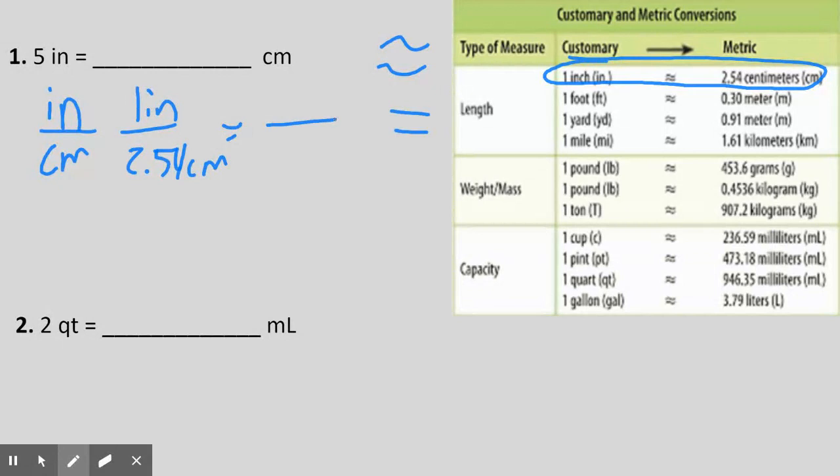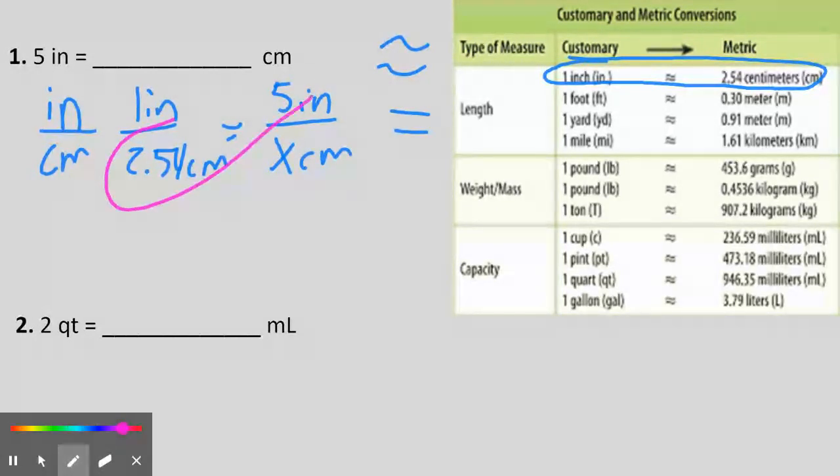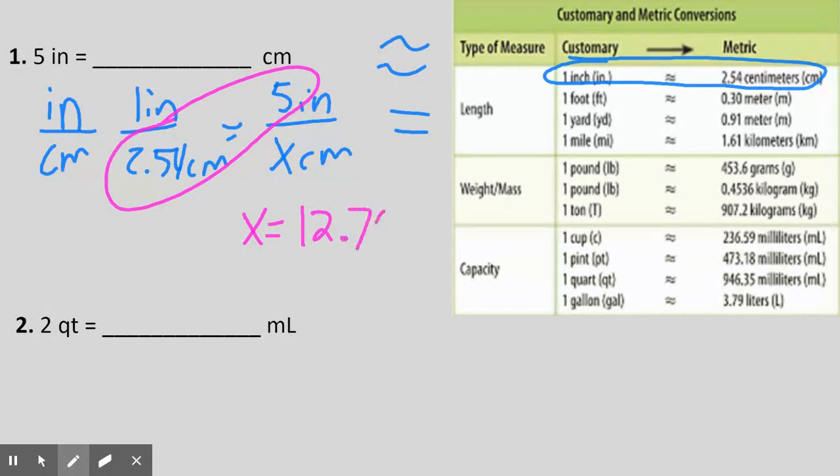And then I'm given 5 inches for my problem, x centimeters. And now I can go through and solve this the same. I'm going to cross multiply and then divide, so I get x equals 12.70 centimeters.